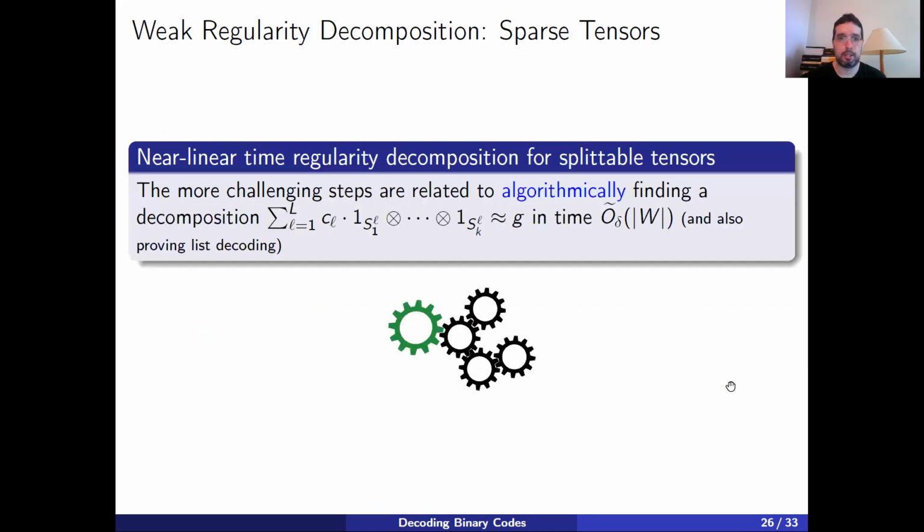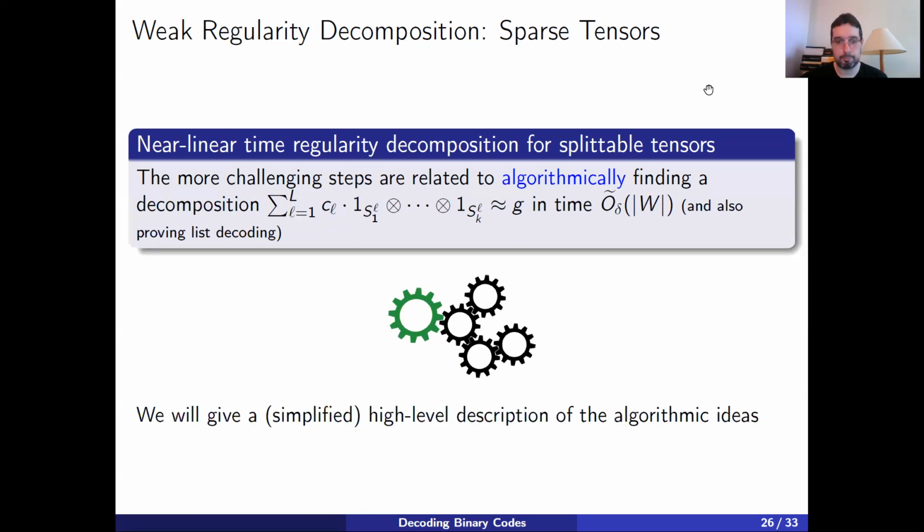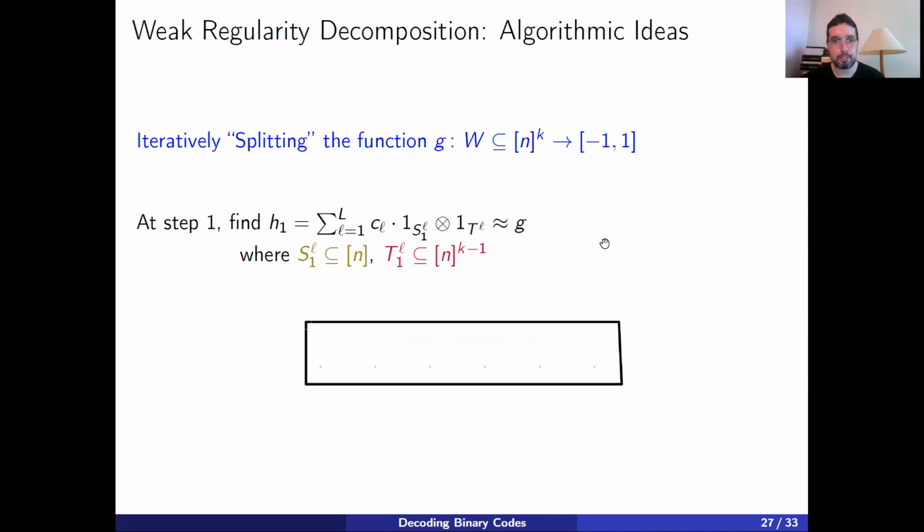And now the more interesting part is to make all of this algorithmic and also running in near linear time. So that's certainly the more interesting part. And we are going to discuss some of those ideas at a high level in a simplified form, but hopefully giving a lot of the intuition.